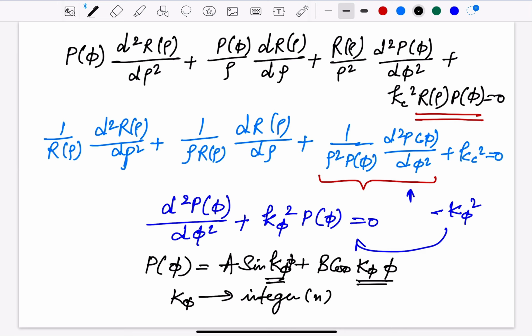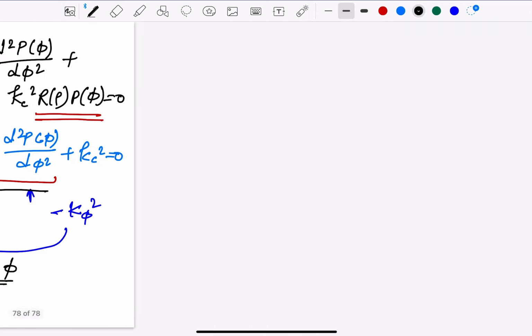Another is that, let us go back once again to this equation, and in place of this we'll be writing, let's say, minus n square. Because this is an integer, let us define it in terms of n. So in place of minus k phi square I'm replacing minus n square.